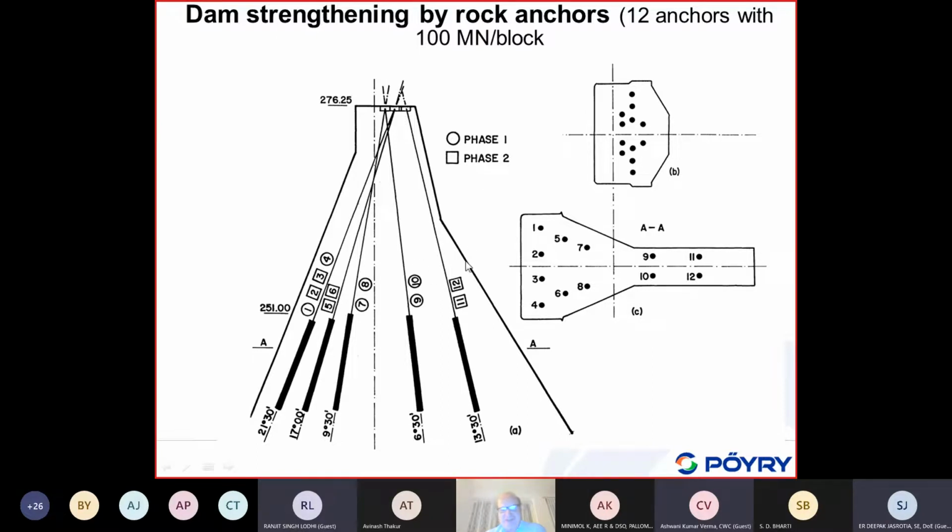So the additional vertical stress by these rock anchors increased the average vertical stress by, let me say, 0.5 to 1 megapascal.